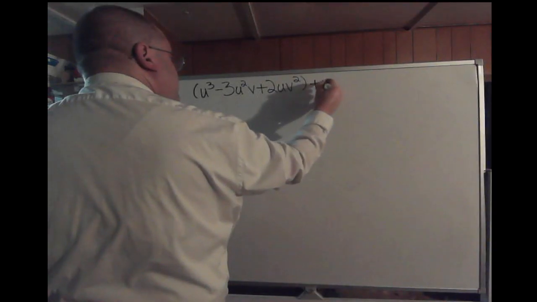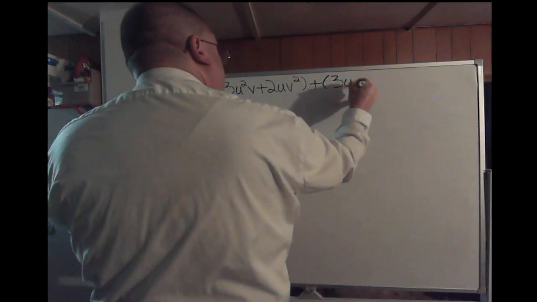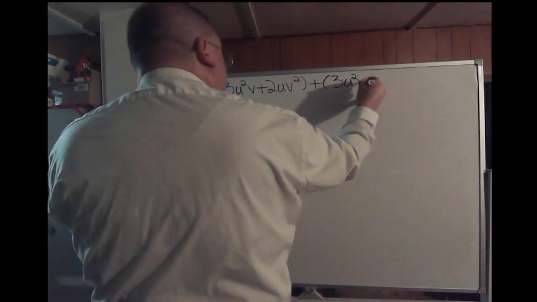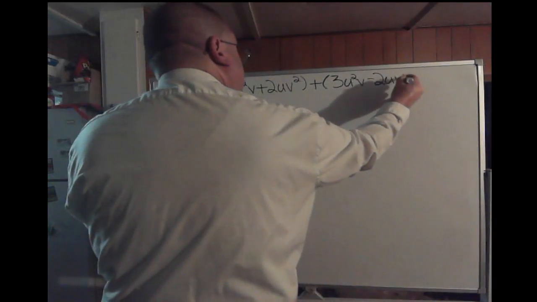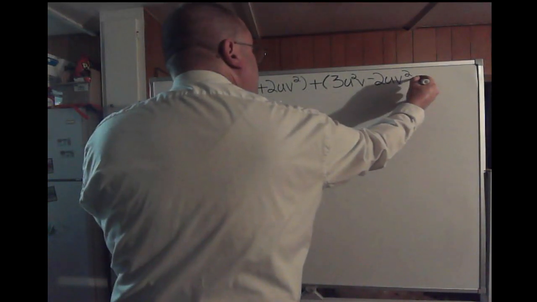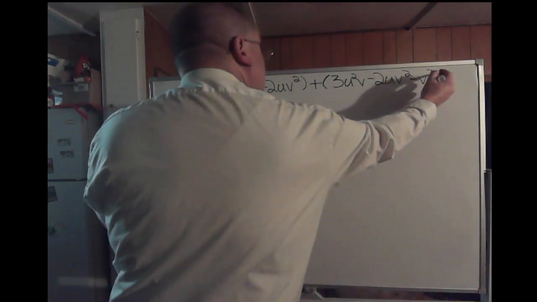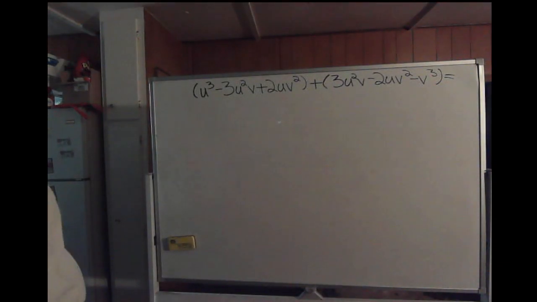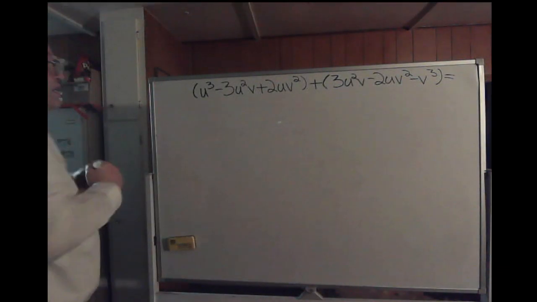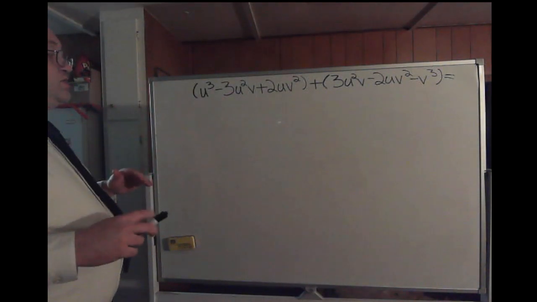All that plus the quantity of 3u squared v minus 2uv squared minus v to the third. Okay. So, we still want to collect like terms. That hasn't changed.